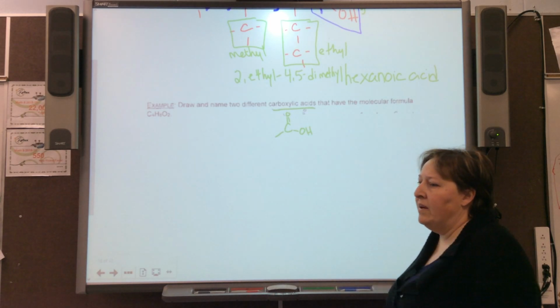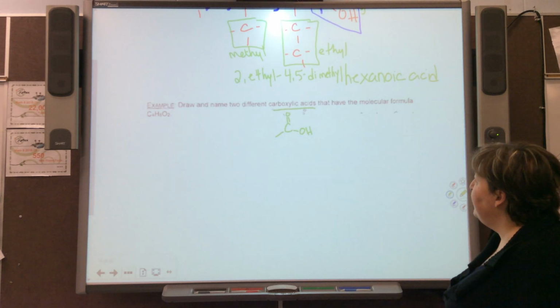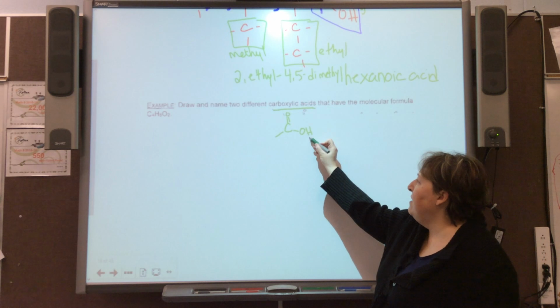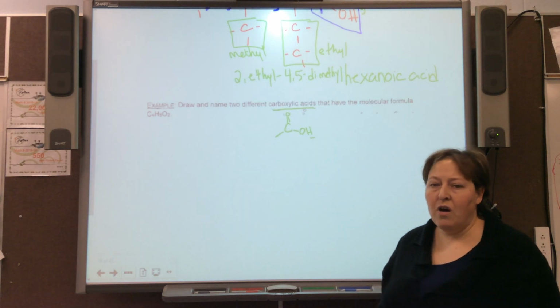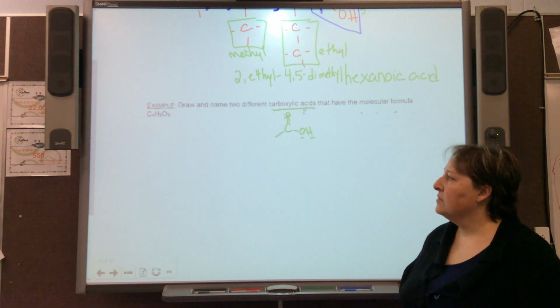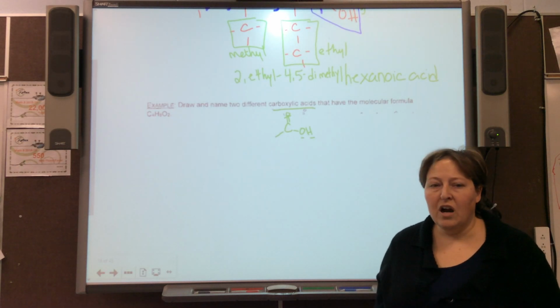So there's 1 carbon. Now you have 3 more carbons to deal with, however you feel like. And you need to make sure you only have 8 hydrogens. Here's 1. And you only have 2 oxygens. Here's 1, 2. So now you're left with 7 hydrogens and 3 more carbons to draw.